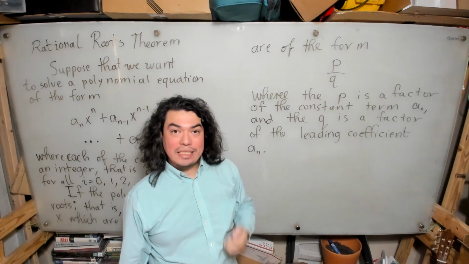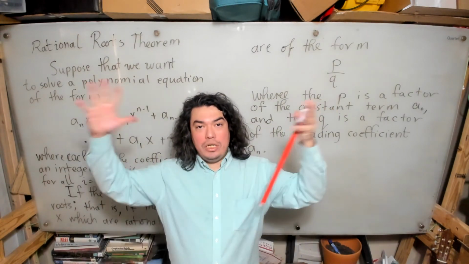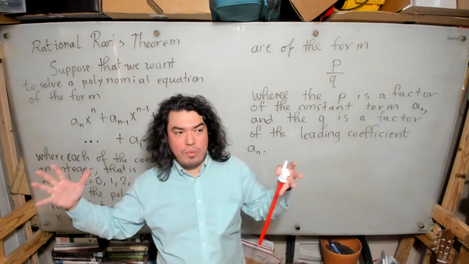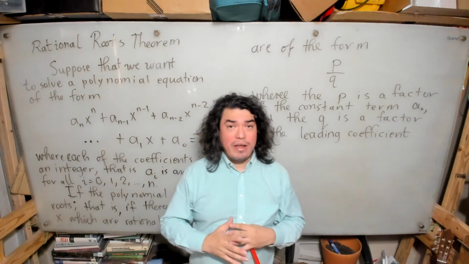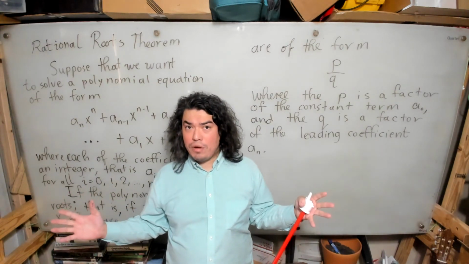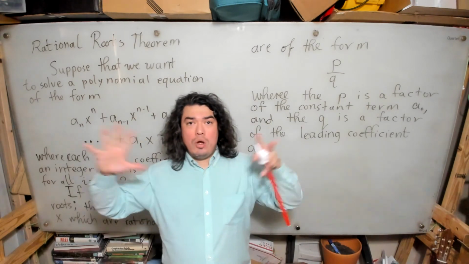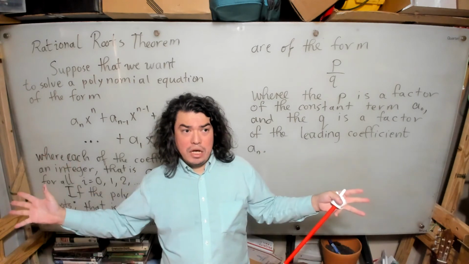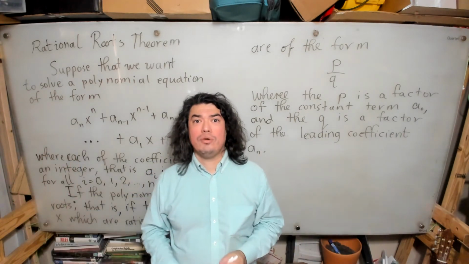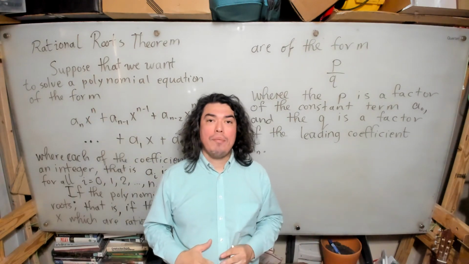And so by making an explicit list, we can take a problem where we would basically be guessing and checking, and we know that there are infinitely many numbers to guess and check from if we're thinking about the real numbers. We went from a problem where we would have to guess infinitely many choices to try and find the zero, to now, with this theorem, being able to whittle them down to a manageable list.